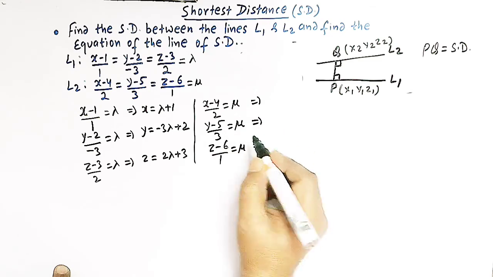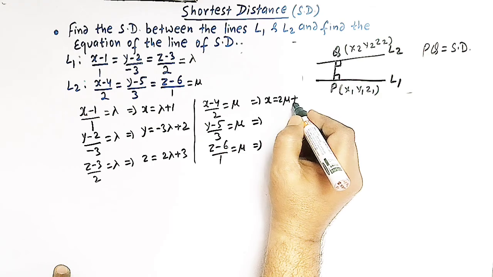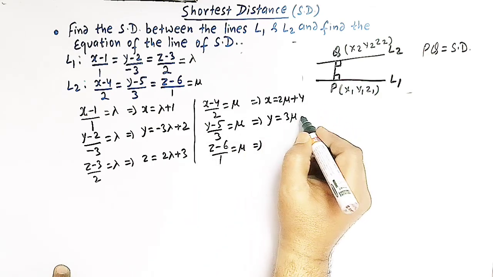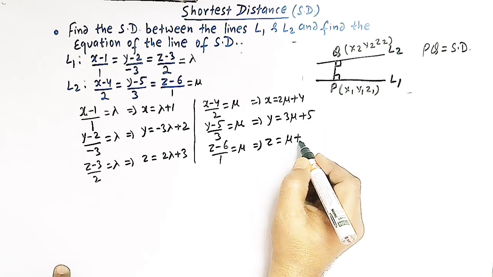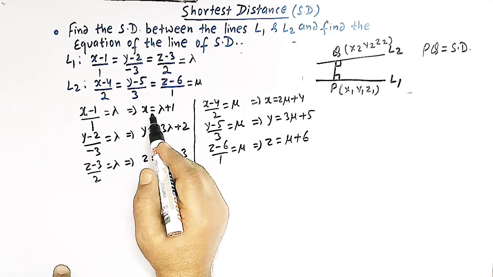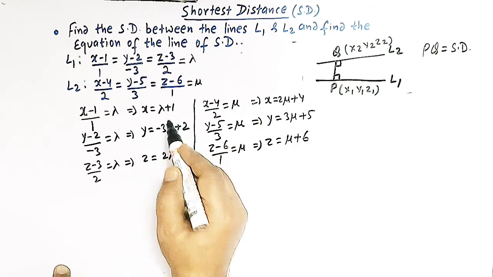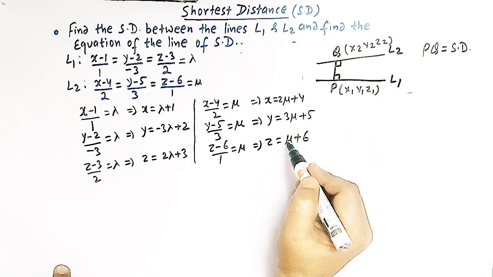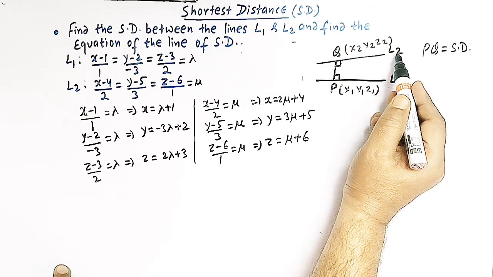From here we can write x is equal to 2 mu plus 4, y is 3 mu plus 5, and z is equal to mu plus 6. So the point x, y, z lies on line L1, and this point x, y, z lies on line L2.